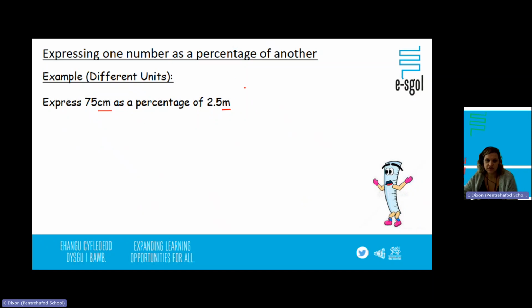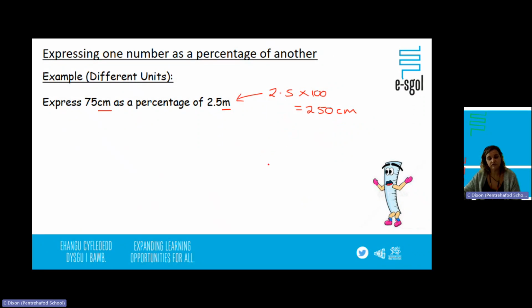So I'm actually going to convert this 2.5 metres into centimetres. Now, there's 100 centimetres in a metre. So that means I'm going to do 2.5 multiplied by 100, giving me 250 centimetres. Okay, so instead of using the 2.5 metres as given in the question, I'm going to use 250.